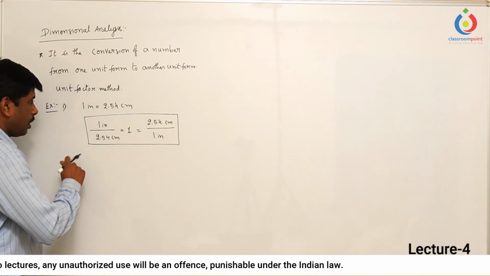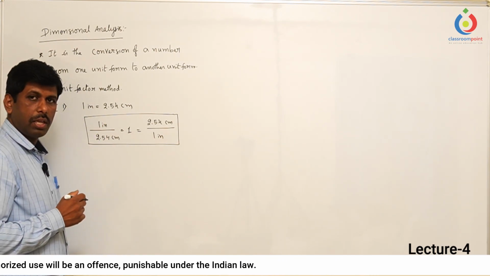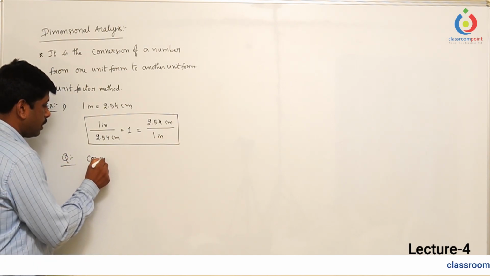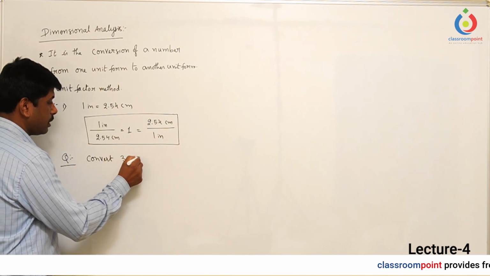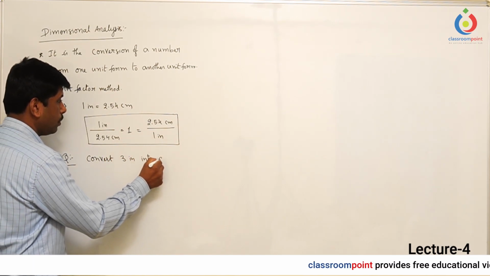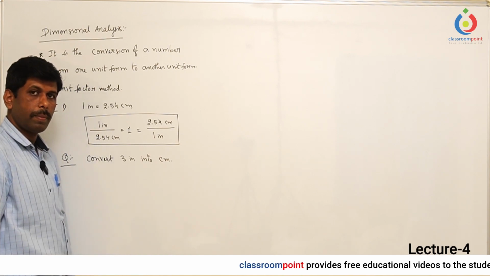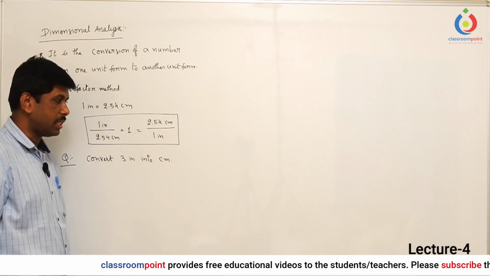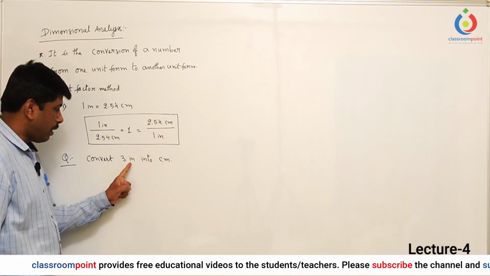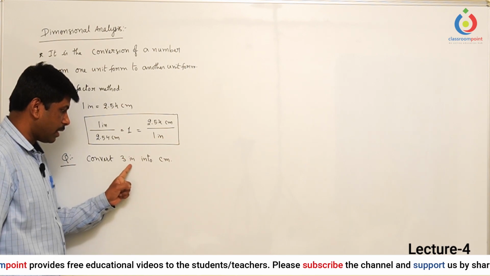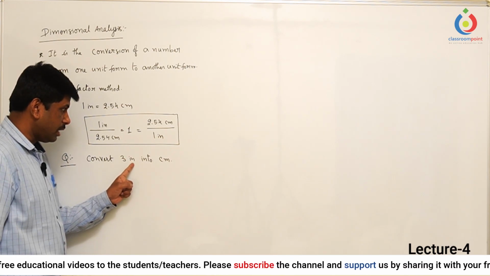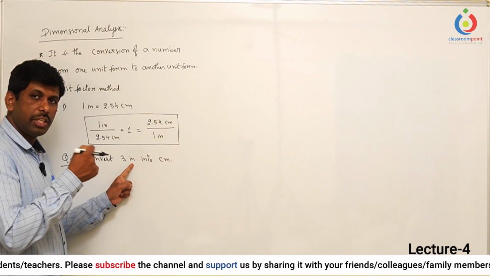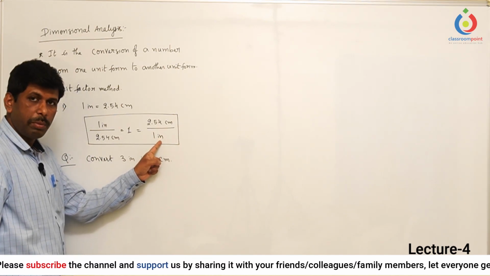Now let us take an example of how to convert one unit to another unit. The given question is to convert 3 inches into centimeters. Here the given value is in inches and they are asking us to convert into centimeters. Since the starting value is in inches, you have to take the unit factor that has inch in the denominator.